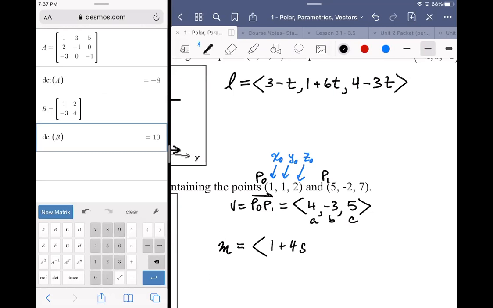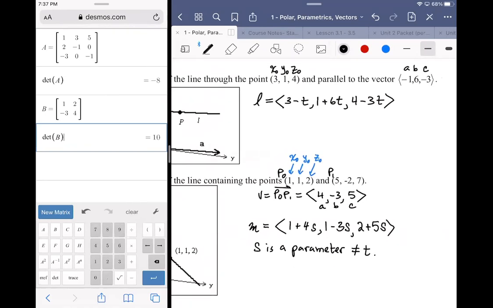So 1 minus 3S, and then 2 plus 5S. All right, so S is a parameter not equal to T. I mean, I suppose it could be equal, but we can't make that assumption going into the problem.